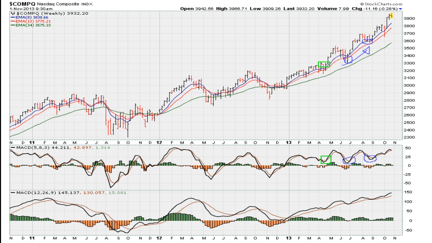Now I can even say that this most recent crossover here was not the best, because we don't get a very good separation. So if you go back to crossover plus separation, you see this was a better entry here. Okay, so a nice example here on the Nasdaq weekly chart.